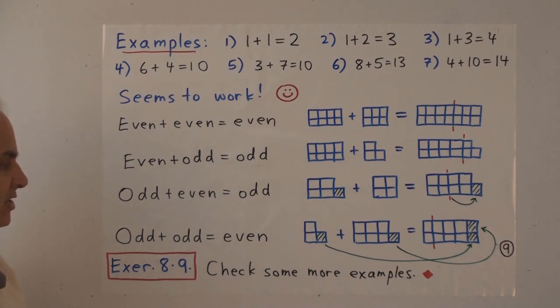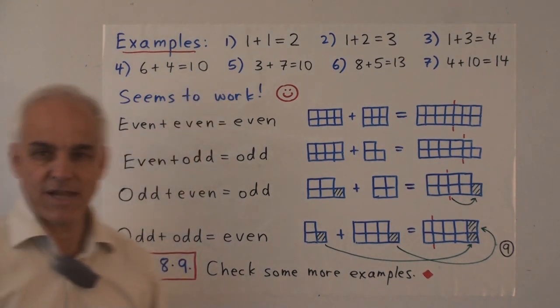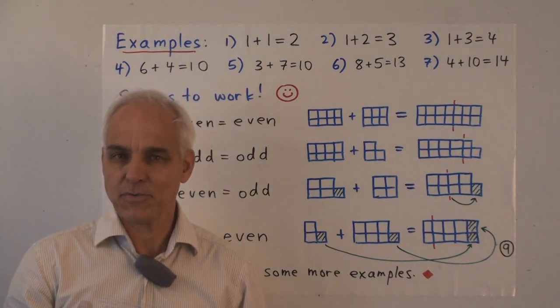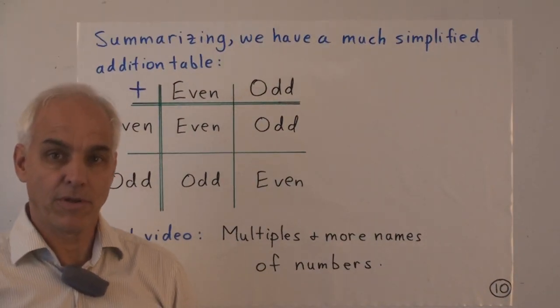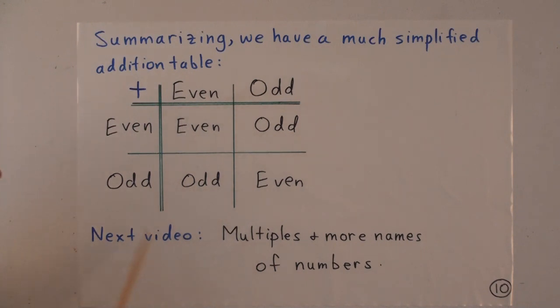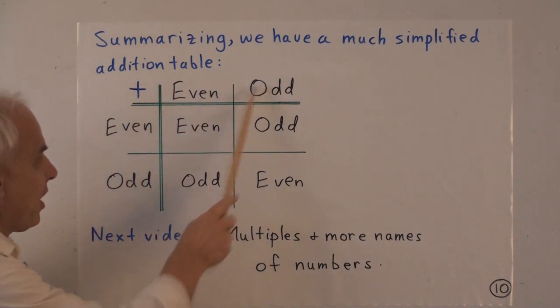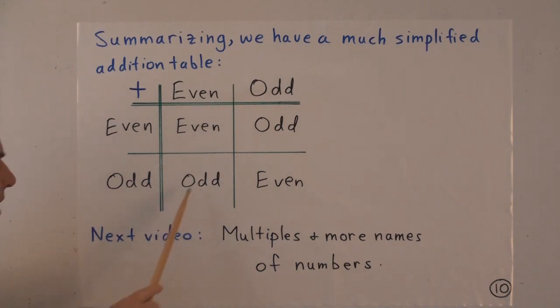There's another exercise: you might want to check some more examples just to make sure that this really is true. So we can summarize that even and odd rule business with a simplified addition table. In this addition table, there's only evens and odds. So evens and odds is one possibility, evens and odds is another possibility over here, and here are the 4 possible alternatives.